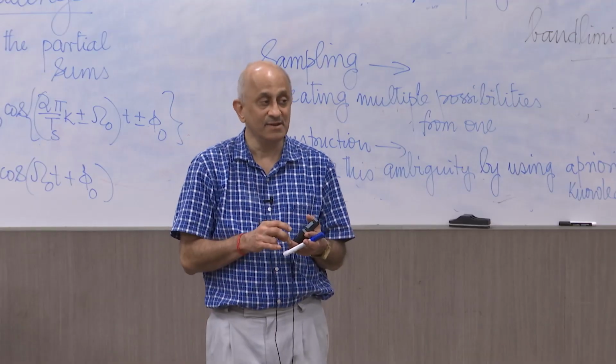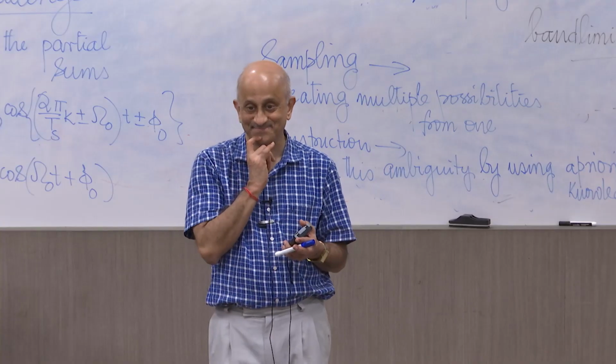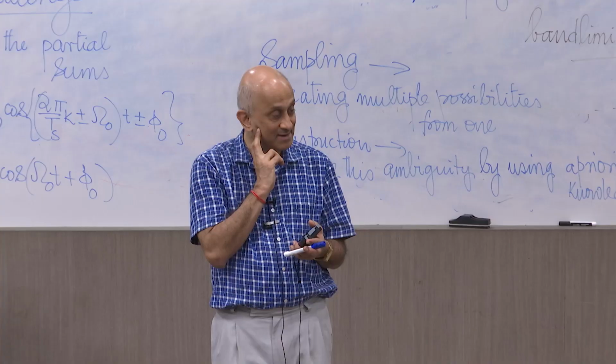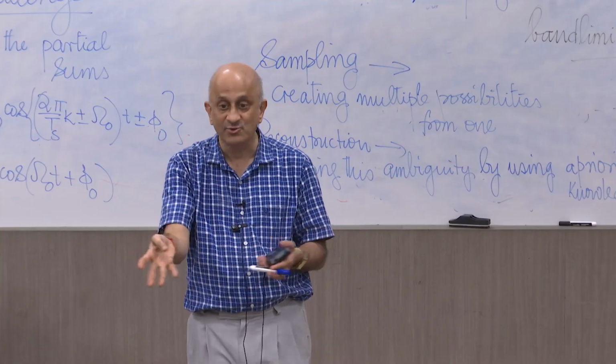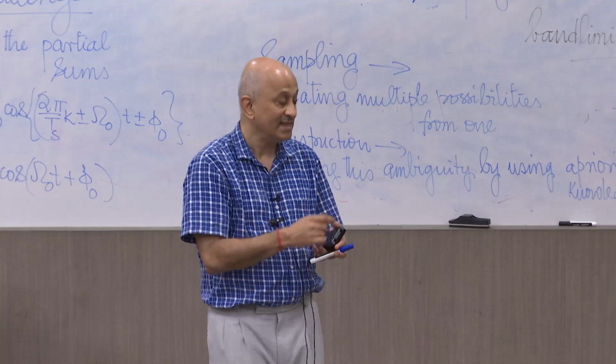How many samples of the signal would you require to reconstruct a signal perfectly? Only one sample. Is that right? You require only one sample, because the moment you sample the signal at one point, you know what that DC value is. So you don't need to know anything else.